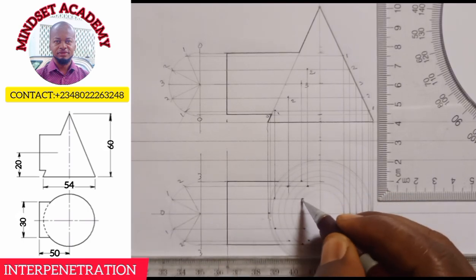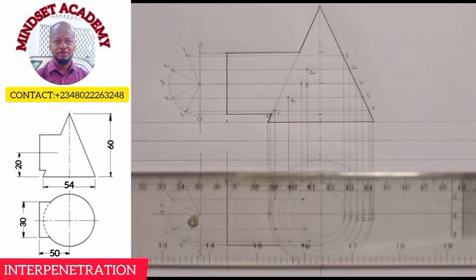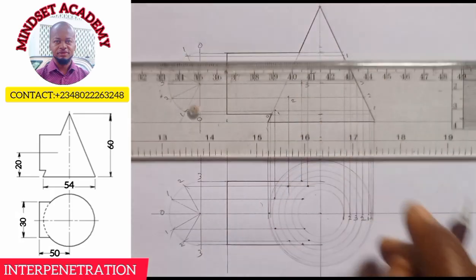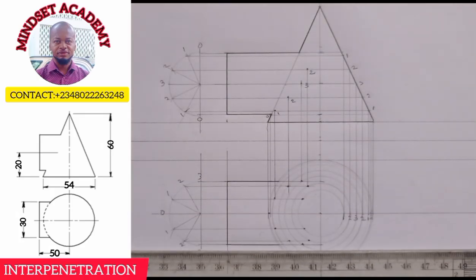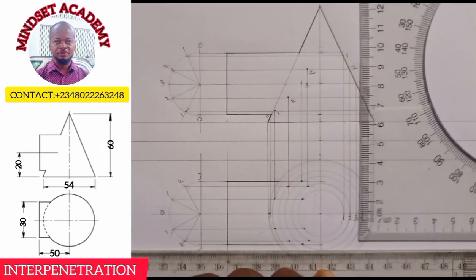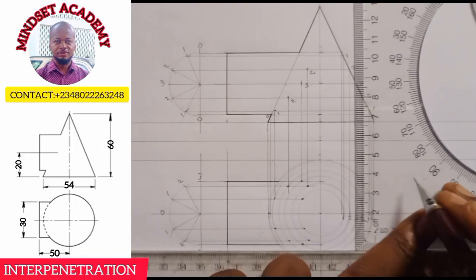Another line here. Then the last but not the least, 0. So if I project 0 here, touch here, and I can easily bring it down. We all know 0 means 0 at this end point, but let me just bring it down. So this is meeting here.